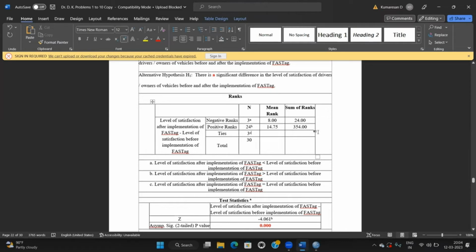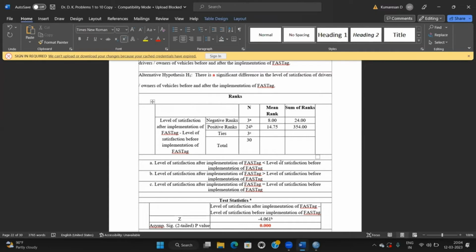Once again, coming to the description: negative rank means satisfaction after implementation is less than satisfaction before implementation.